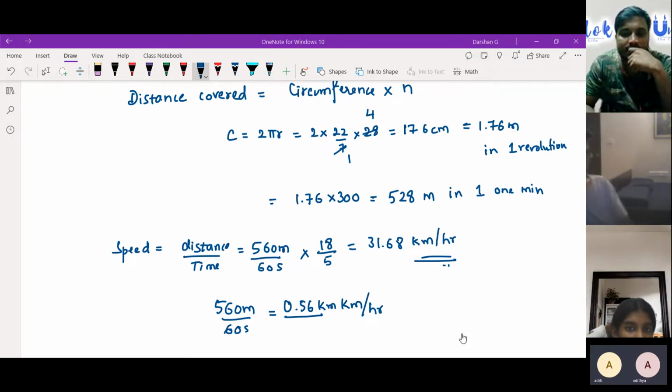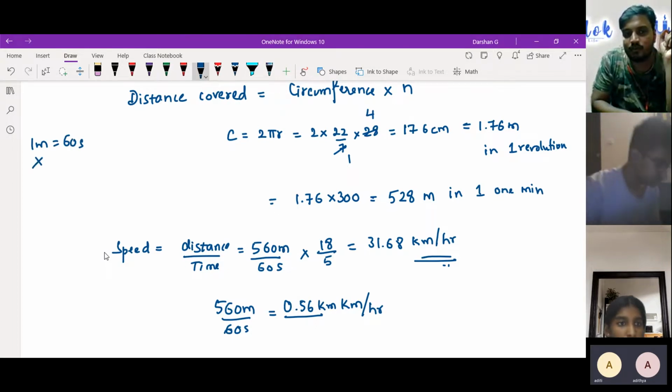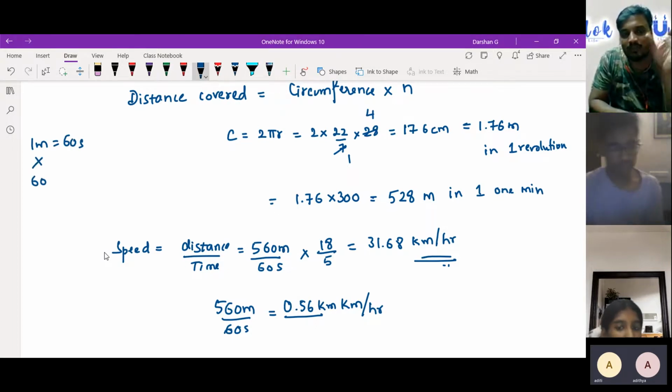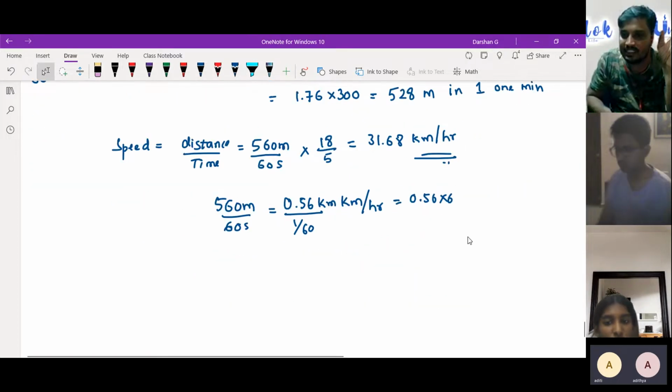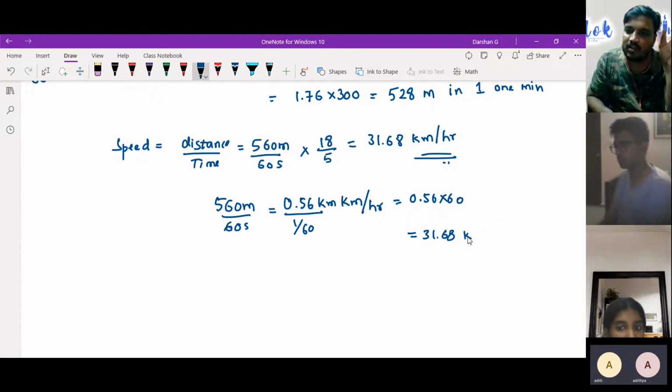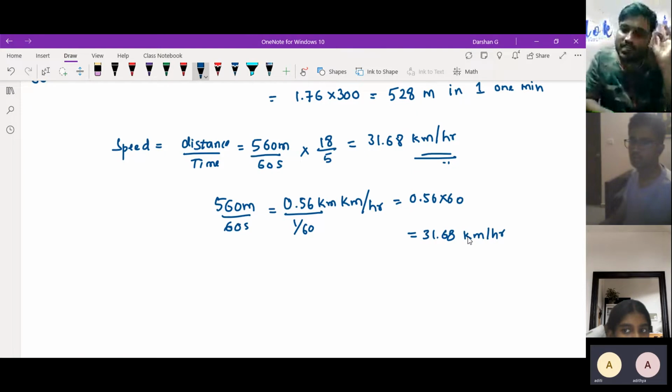Anybody who has a doubt with respect to that? 1 minute is equal to 60 seconds, so it is the 1 by 60th part of an hour. So I can simply do 0.56 into 60, and I'll still get the answer to be 31.68 kilometer per hour. So don't get blank in your exam. It might take another 1 or 2 more steps, but no worries.